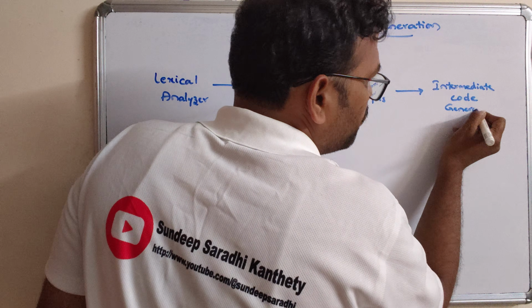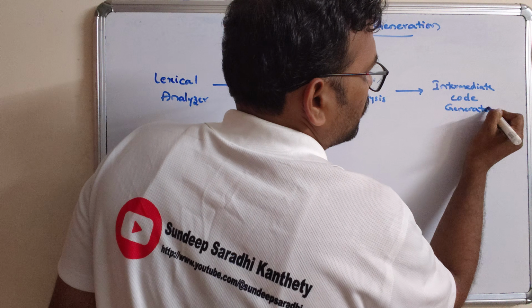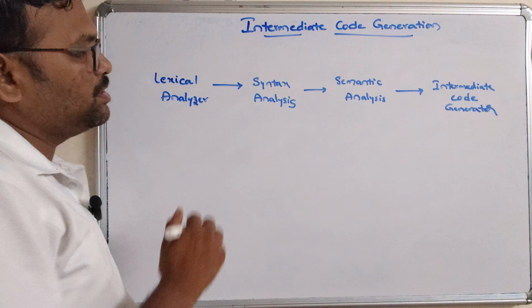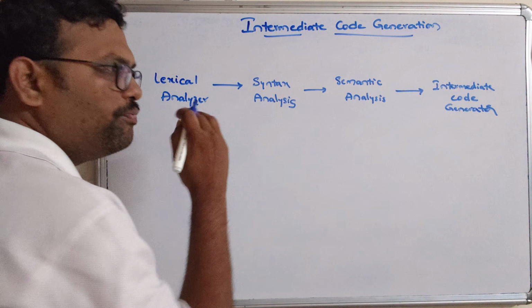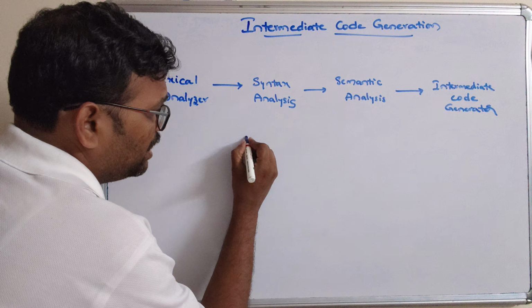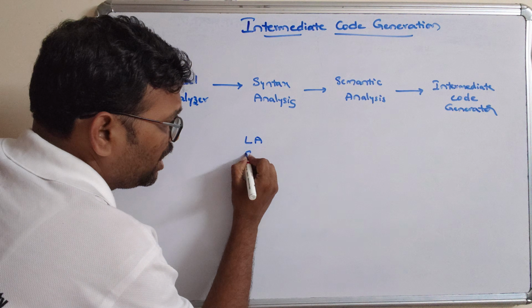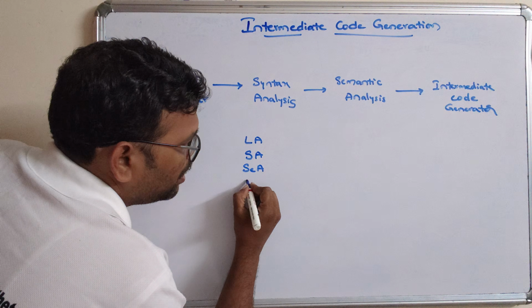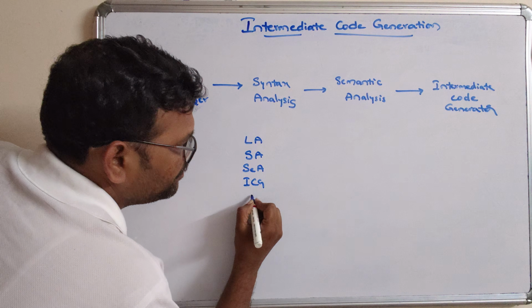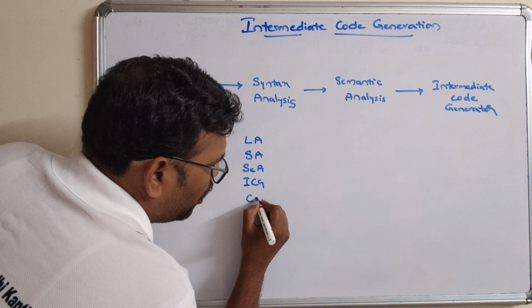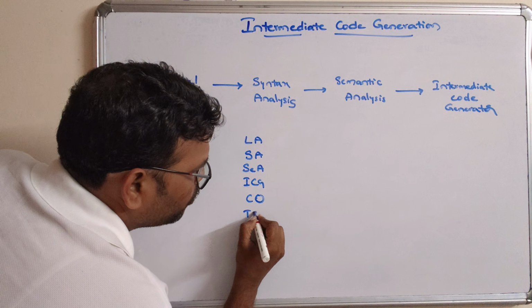This is the most important phase. Why? Among the six phases we have studied: lexical analyzer, syntax analysis, semantic analysis, intermediate code generator, code optimizer, and target code generator.